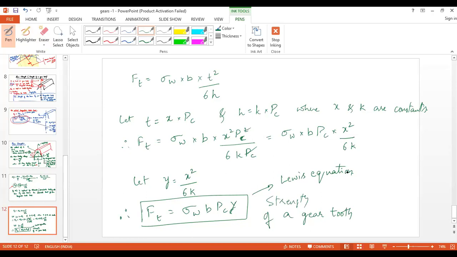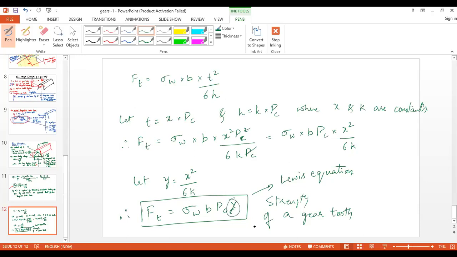This equation was developed in 1892 by Wilfred Lewis, who investigated the strength of the gear tooth. He derived this equation, which is now extensively used by industry in determining the size and proportion of the gear tooth.